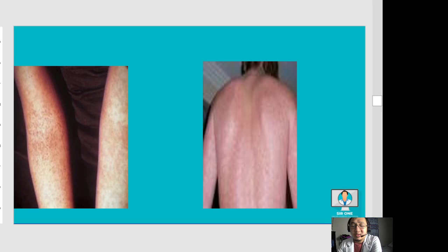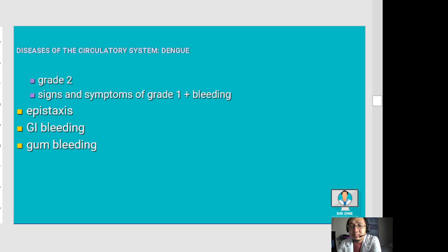Okay, so this is the image of the rashes, the Hermann's sign on dengue patients. That's the petechial rash. It is described usually as pinpoint rashes.